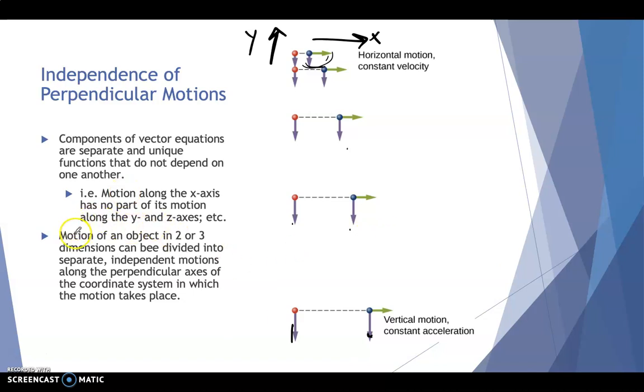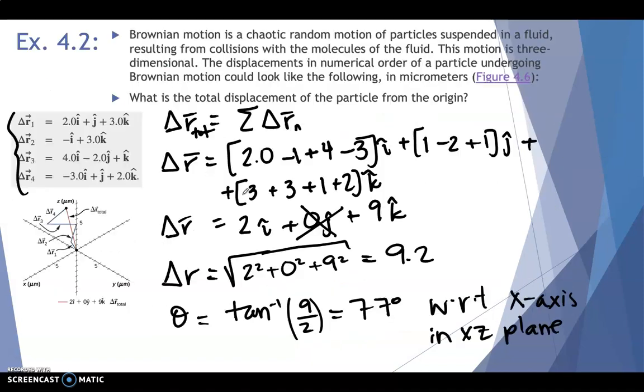Motion of an object in 2 or 3 dimensions can be divided into separate, independent motions along the perpendicular axes of coordinate systems in which the motion takes place. So again, I can describe both of these in x and y coordinate systems, and they would be completely separate motions, just like we were seeing in these other ones.